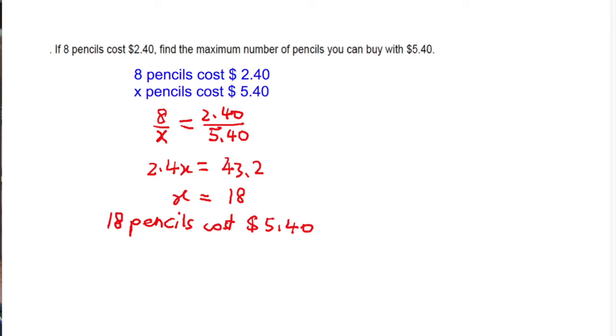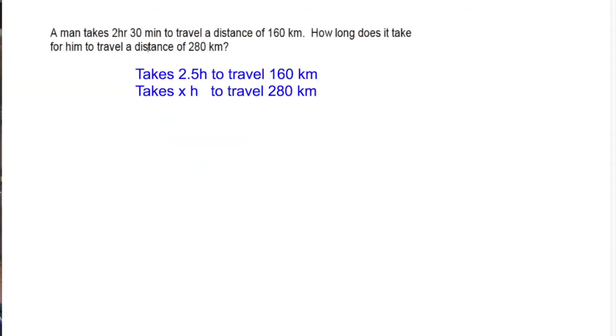Let us now look at another example. In this example, we have a man takes 2 hours and 30 minutes to travel a distance of 160 km. How long does it take for him to travel 280 km? Once again, we start by writing two statements.